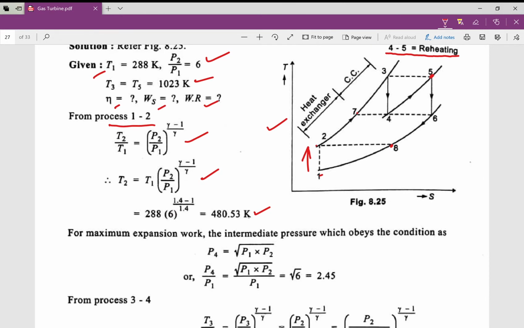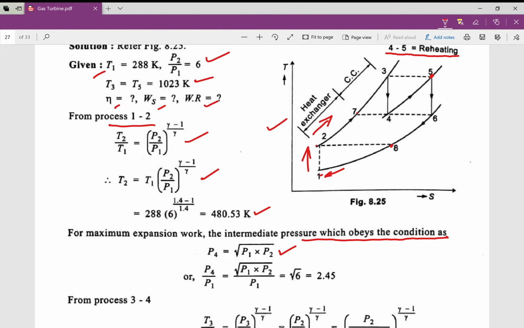Now here a condition is given in this numerical, that is for maximum expansion work the intermediate pressure obeys the condition we know already, P4 is equal to under root of P1 into P2. So you see, this is the minimum pressure and this is the maximum pressure line.